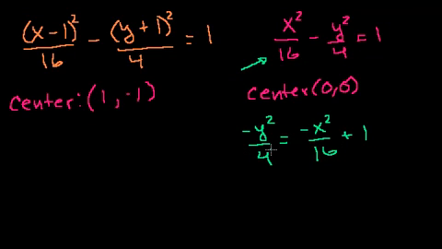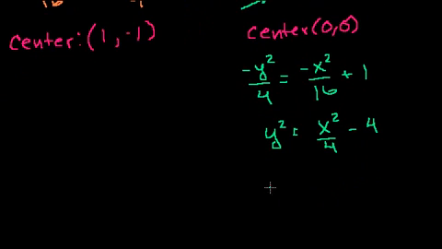Then let's multiply both sides by minus 4, and you get y squared is equal to, the minus cancels out, and 4 over 16 is x squared over 4 minus 4. And so y is equal to plus or minus the square root of x squared over 4 minus 4.